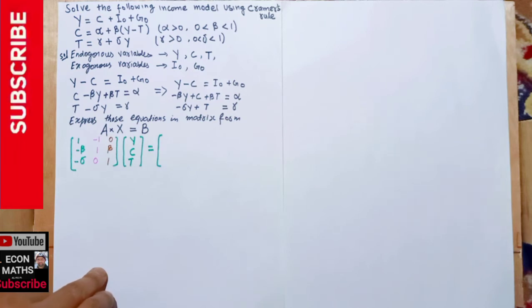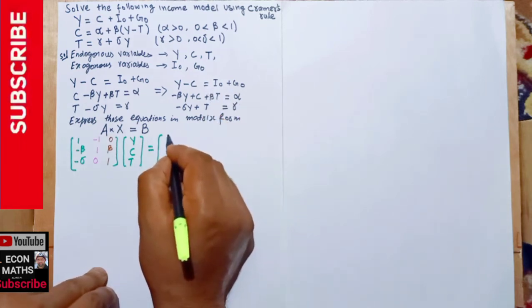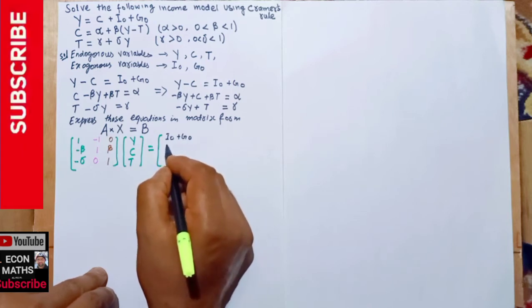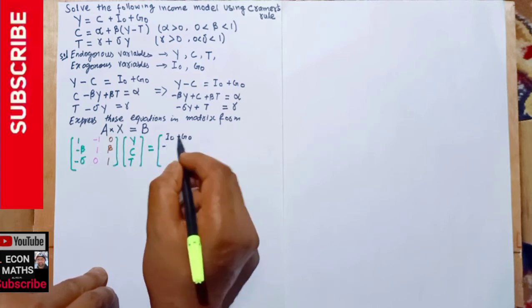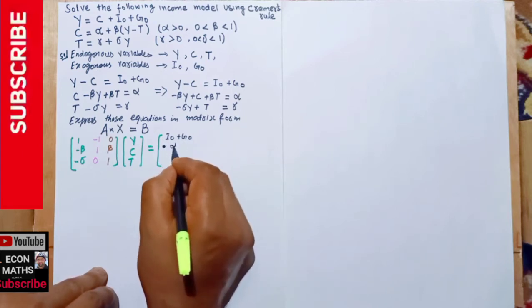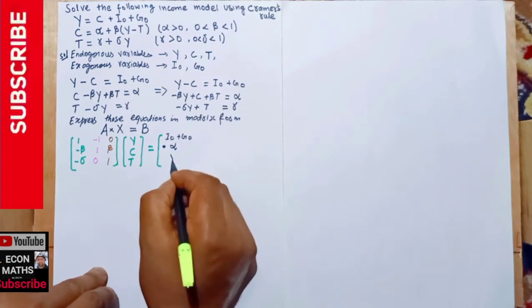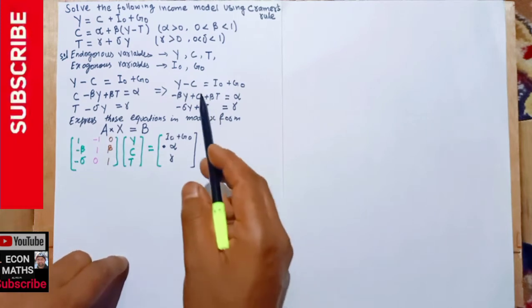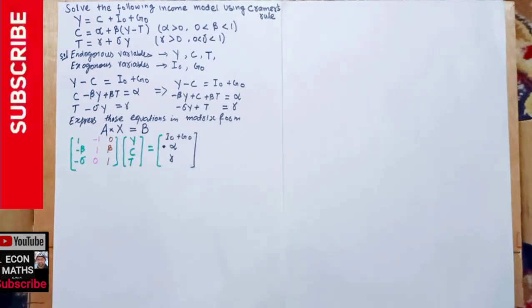Here our vector of constant terms is I0 plus G0, alpha, and gamma. So the first step was to express this system of linear equations in matrix form.